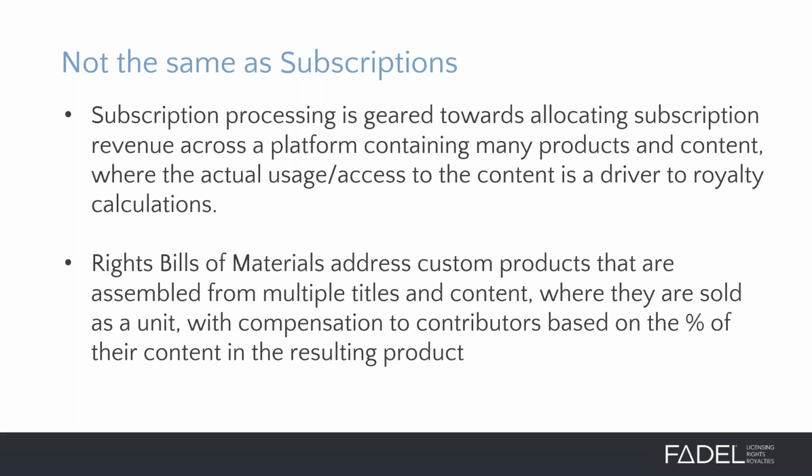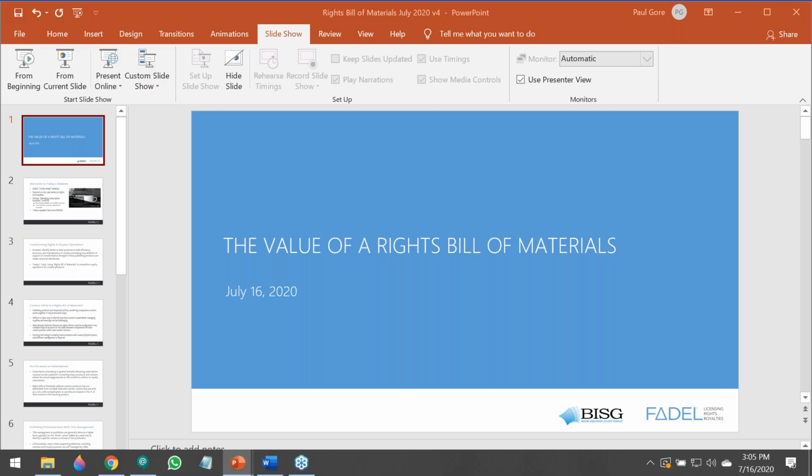For the rights bill of materials, it's more about producing a product that stands on its own. It's been assembled from perhaps multiple titles and content, but it is a product unto itself. And the compensation to the contributors is usually based on some percentage of the content that is in the resulting product.